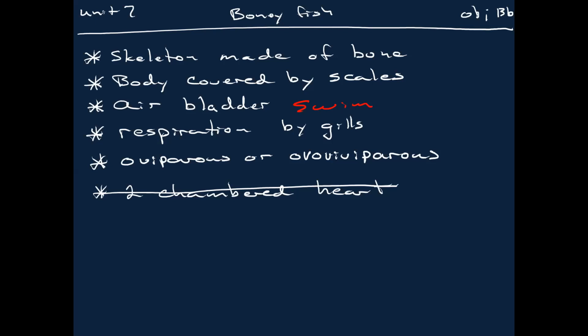These swim bladders are so that the fish can maintain a certain depth. If you've ever watched fish in an aquarium or wherever else you might have seen them, they can stay at a specific depth in the water without having to swim.